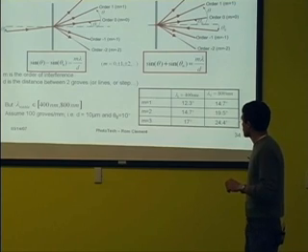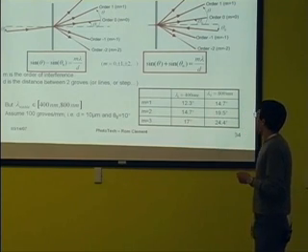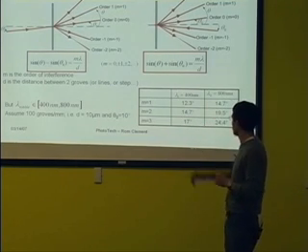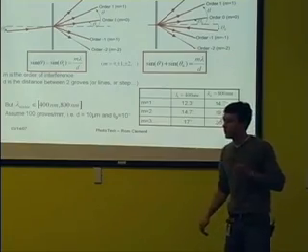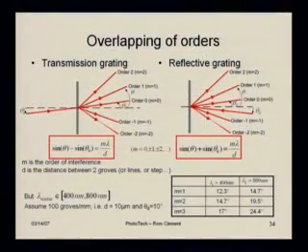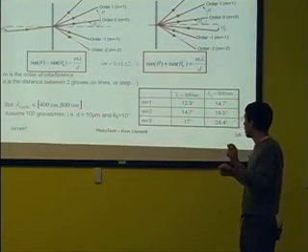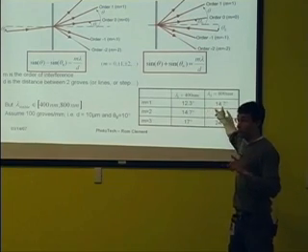If I'm looking at my first order, M1, my first wavelength, so blue, which would be very, very blue actually, I will see it at 12.3 degrees. My second wavelength I will see at 14.7. Now if I'm looking at my order number 2, the first wavelength, so the blue one, will occur at 14.7, so very, very close to my red line.